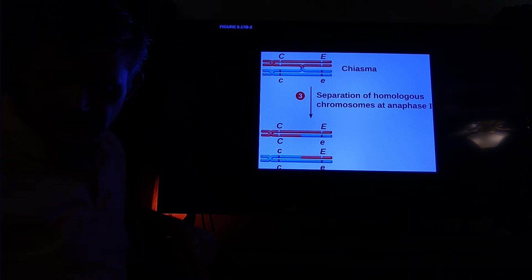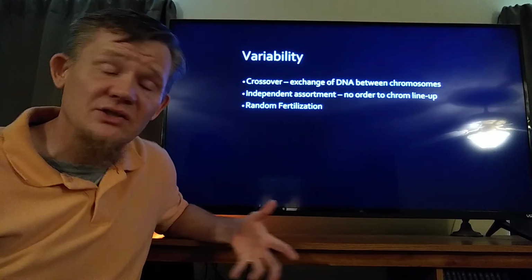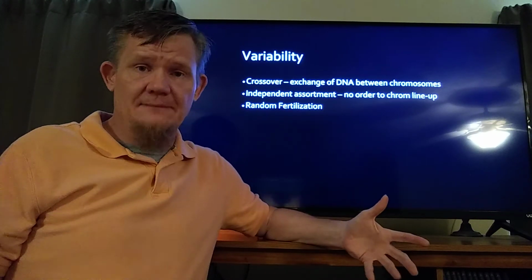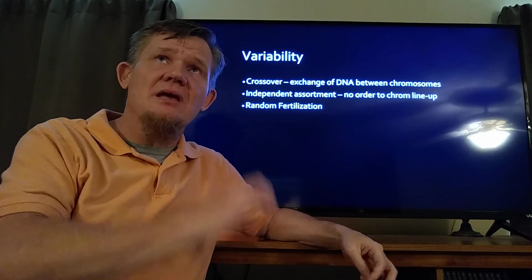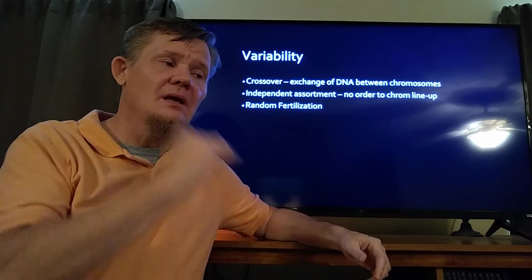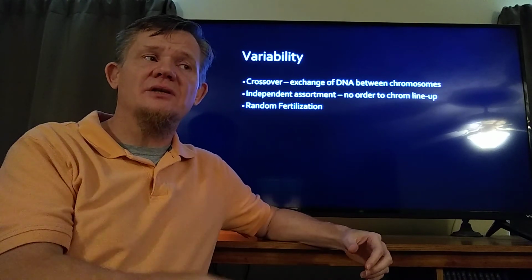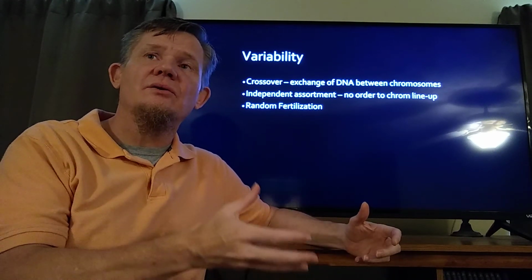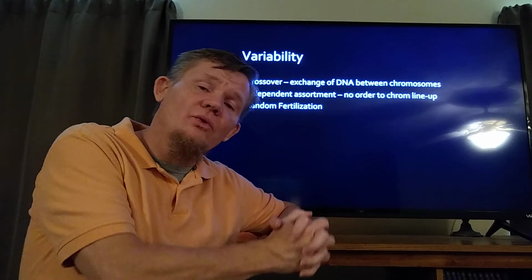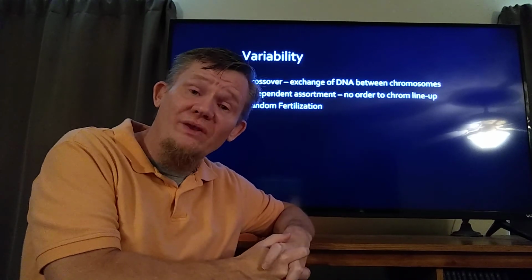The whole reason behind this goes back to the whole reason behind sexual reproduction in the first place, and that is to increase variety. Variety is what makes life so successful. The reason we do sexual reproduction is to increase variability, because the world is ever changing, and the organisms that live on it must change with it.